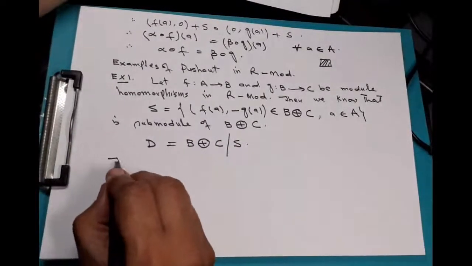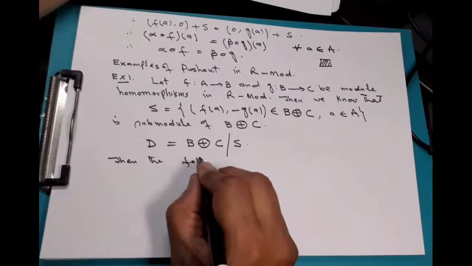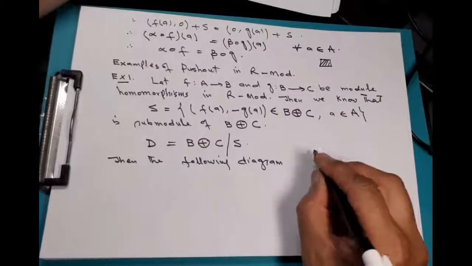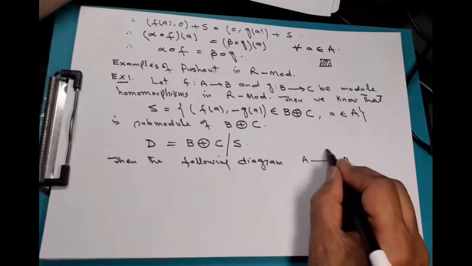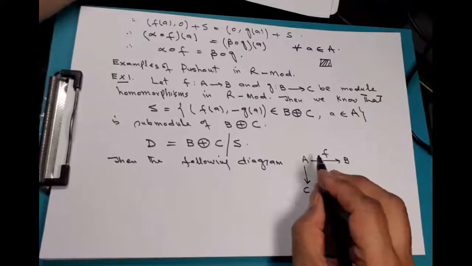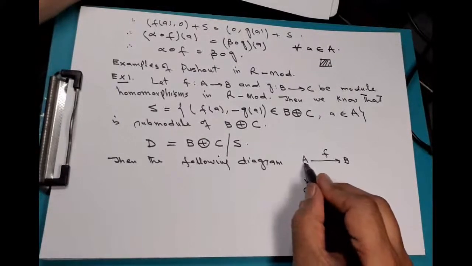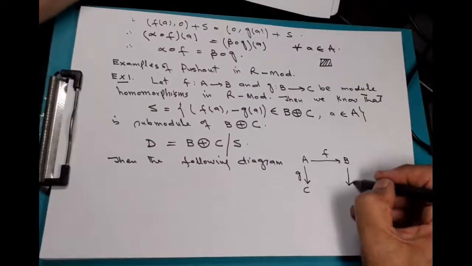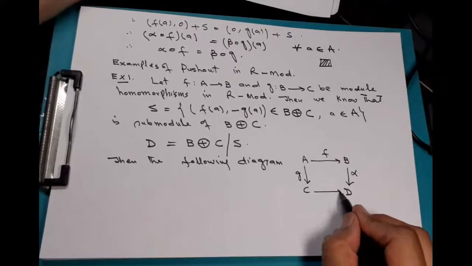Then we claim that the following diagram, this is the diagram we are talking about: a morphism from A to B, which is F, then a morphism from A to C, which is G, and then we have the map alpha from B to D, this quotient module, and then from C to D, beta.